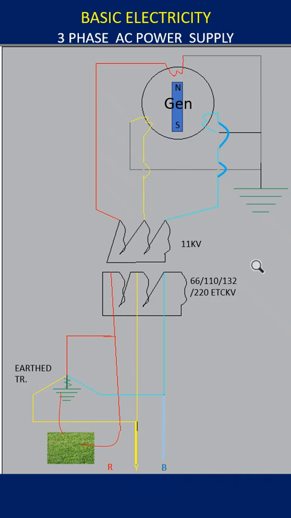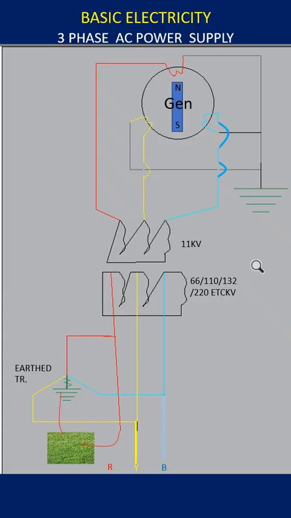That means the resistance, I can't say impedance, will be very little, and the current will be enormous, and the relay will sense this overcurrent or earth fault current and will trip the circuit breaker to stop the power supply. So this is the facility of the earthing.